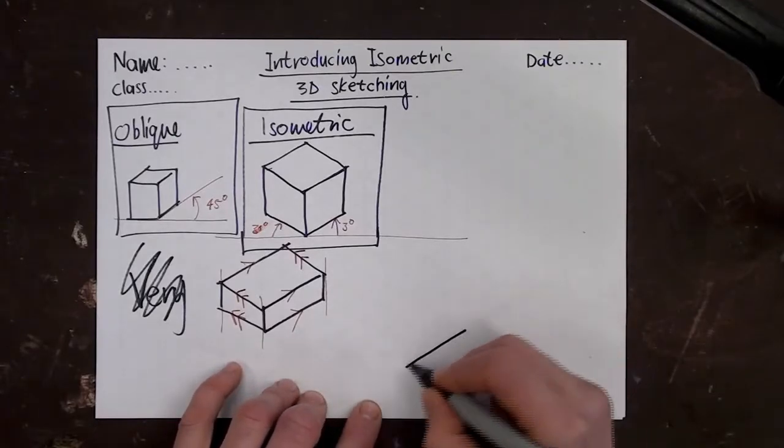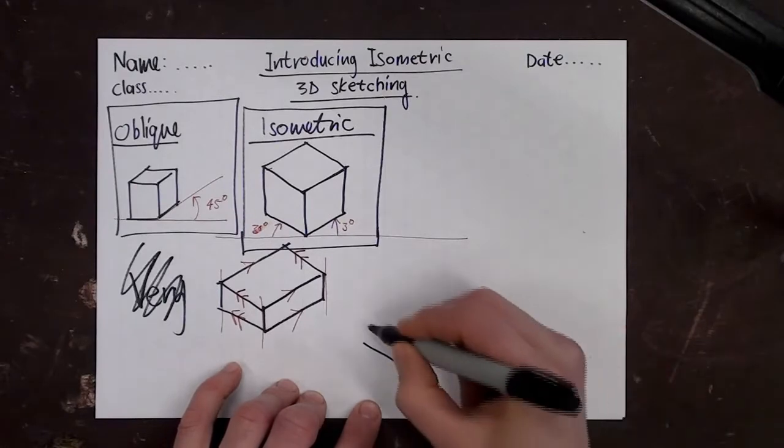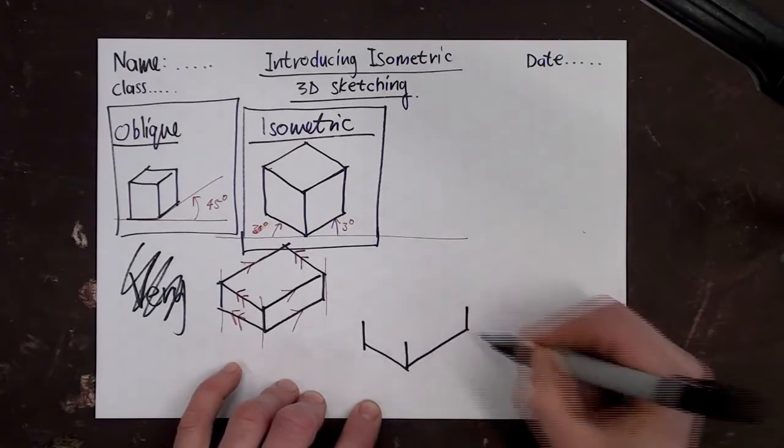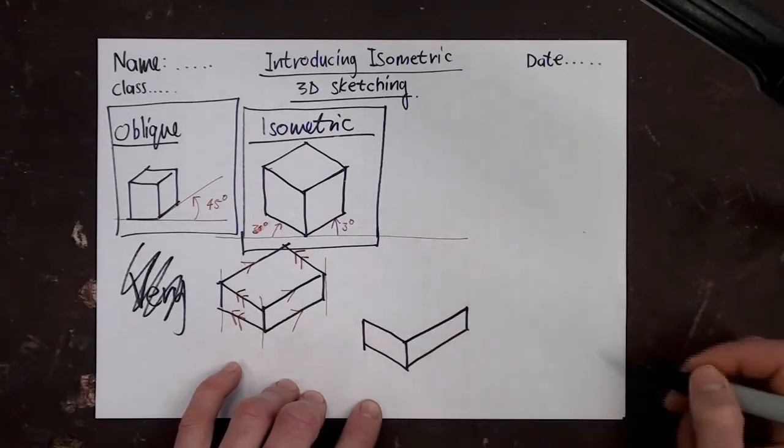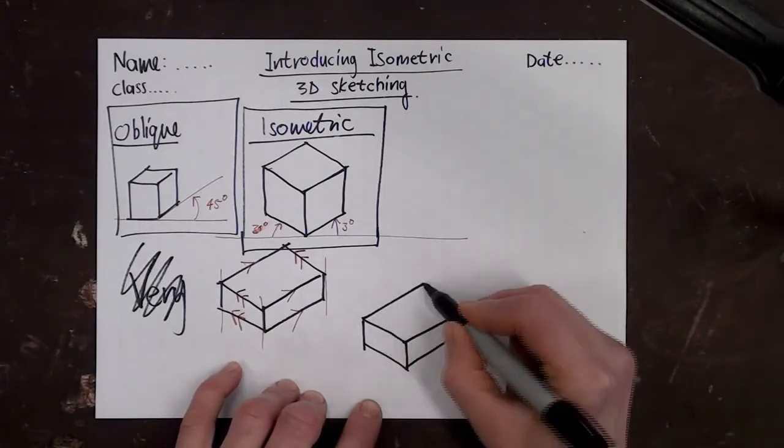So we start off with a lazy V, then we get vertical, vertical, vertical. And then there's the other parallel V, and then it connects.